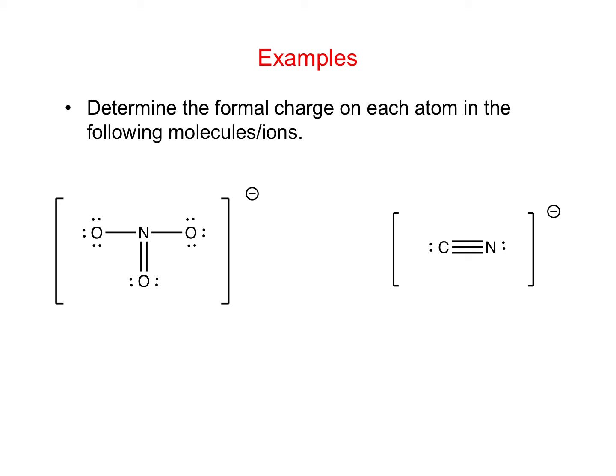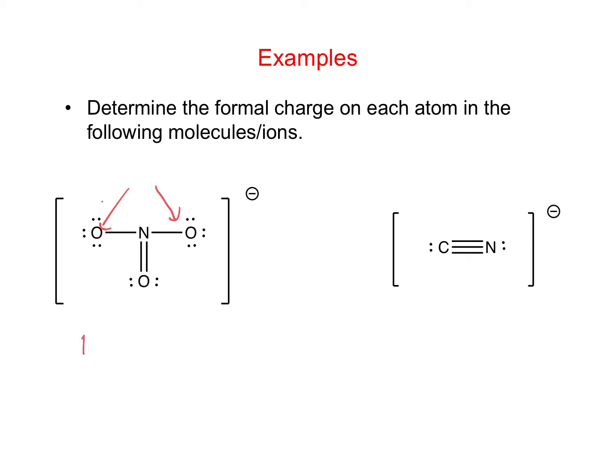Okay, let's look at 2 more examples. So I have the nitrate ion and the cyanide ion. Let's do nitrate first. So let's start with these 2 oxygens. Right, and I'm going to do them together because they're the same. They both have 3 lone pairs and 1 bond. So the formal charge should be the same.